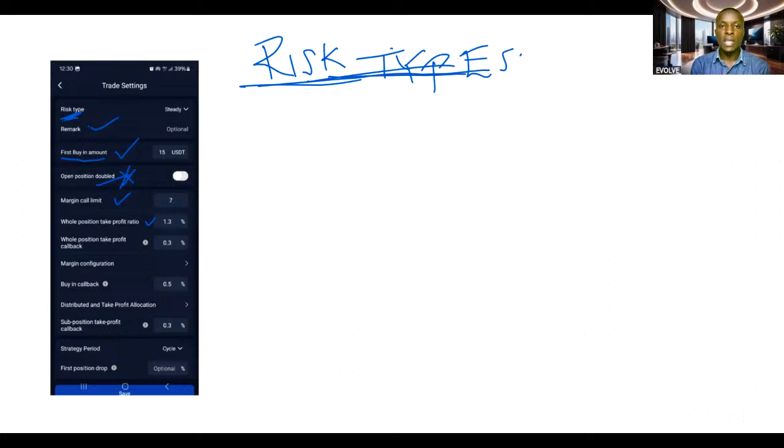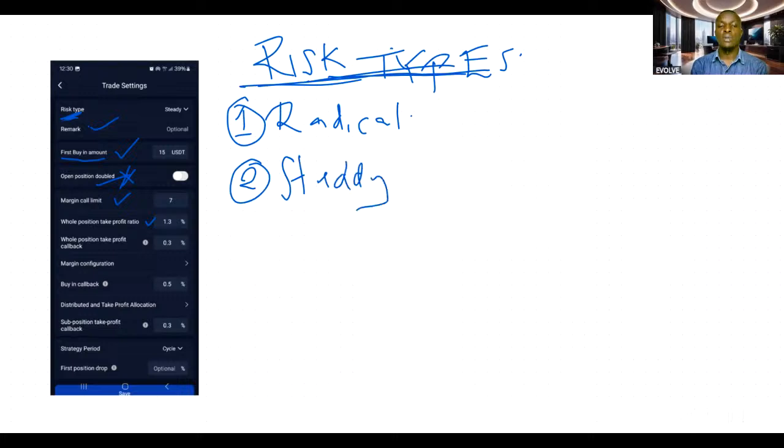In your notebooks, we have the radical, we have the steady, and lastly, we have the conservative.